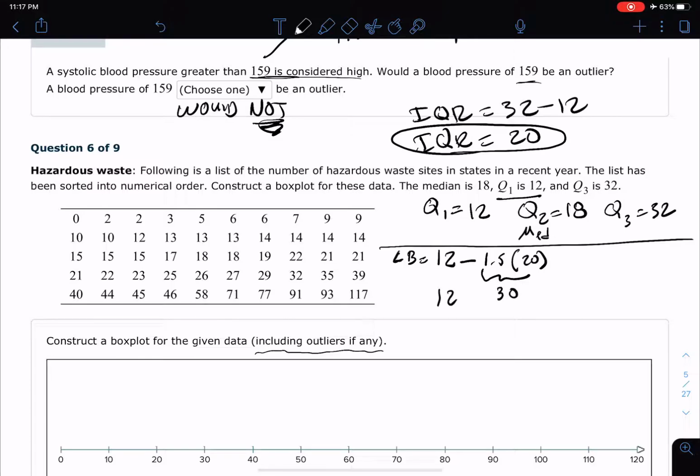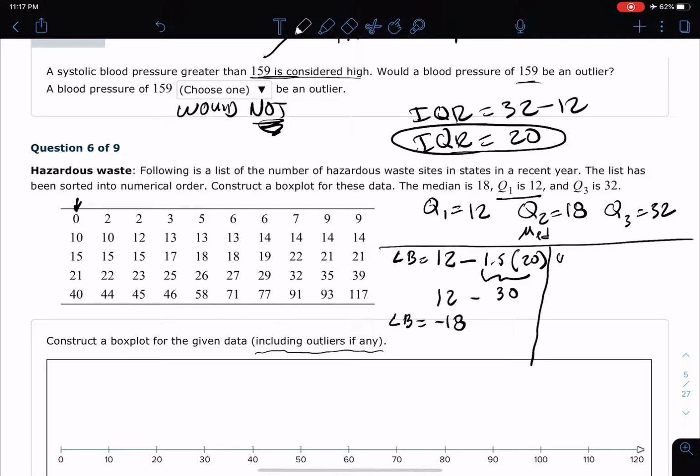And so 12 minus 30 gives me a lower outlier bound of negative 18. Now when I look at my data, the smallest data point I have is 0, so there are not going to be any outliers below 0. There's nothing there, so nothing to cross out there.